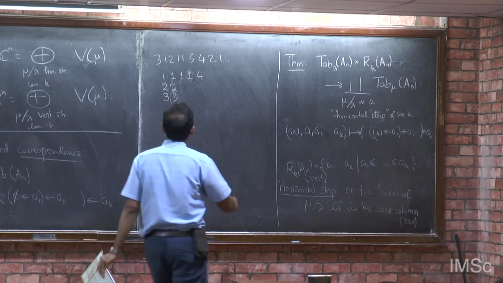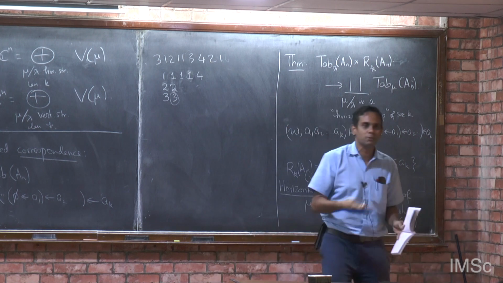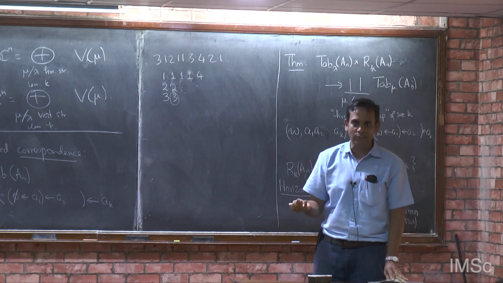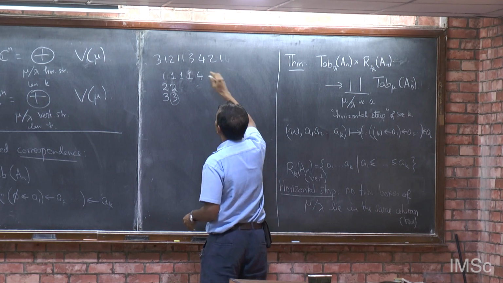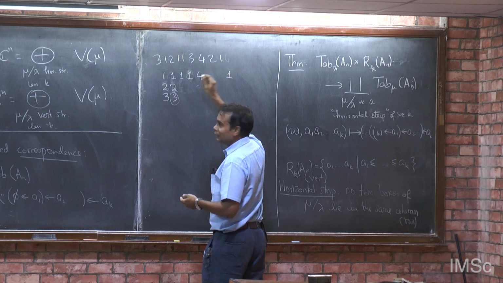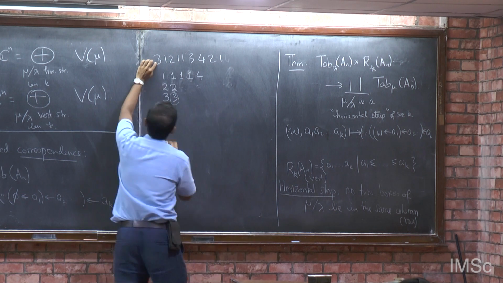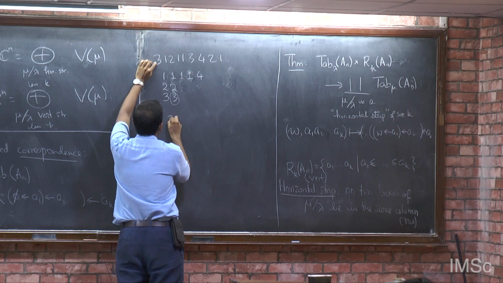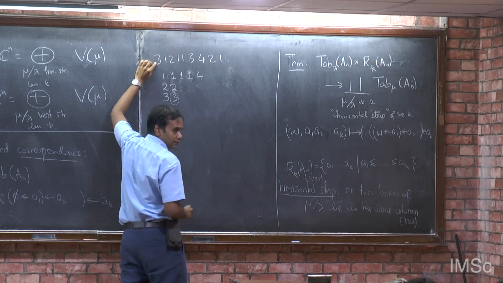So, as we are doing this process, we could keep track of the order in which these boxes kept getting added to the tableau. If you remember what happened here, first we had the 3, so there was a single box. Let me just do it again. At the first step we have just 3, so the shape is just this.